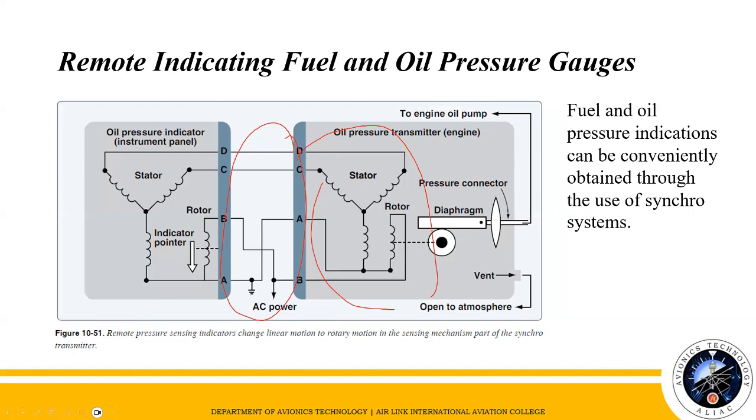Siyempre, pag ikaw ay naka-twin engine aircraft, yung synchro mechanism for each engine can be used to drive separate pointers on the same indicator by placing the coils one behind the other.